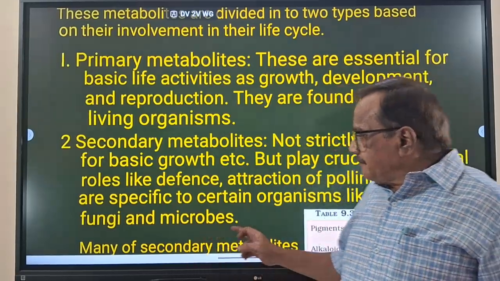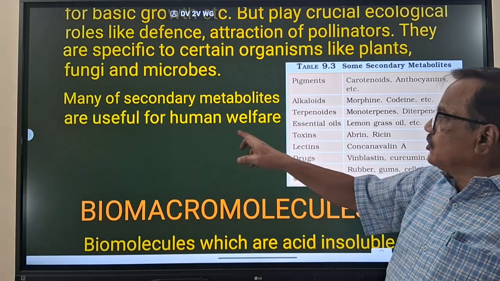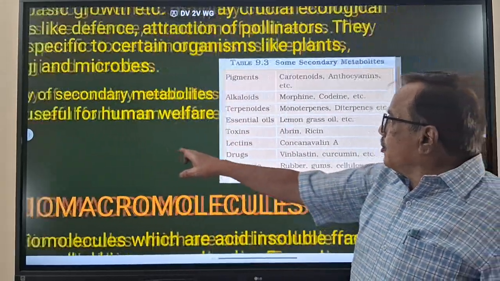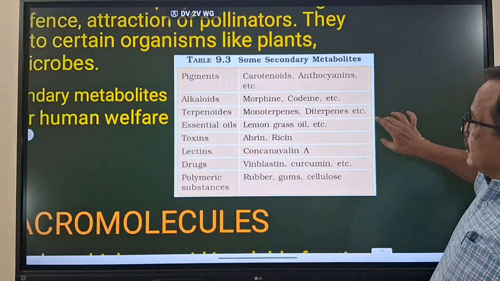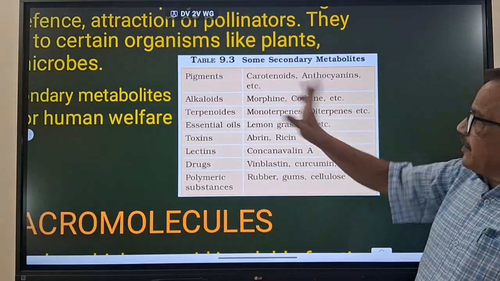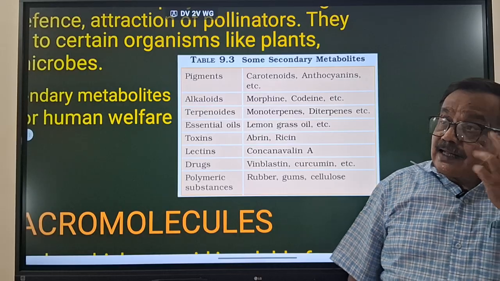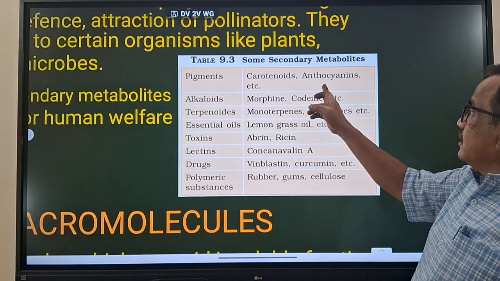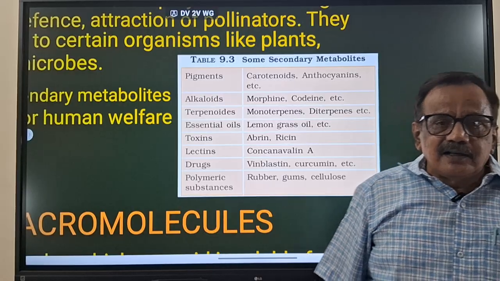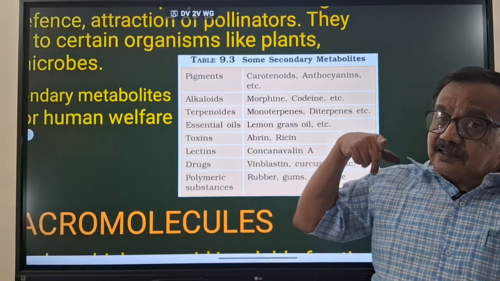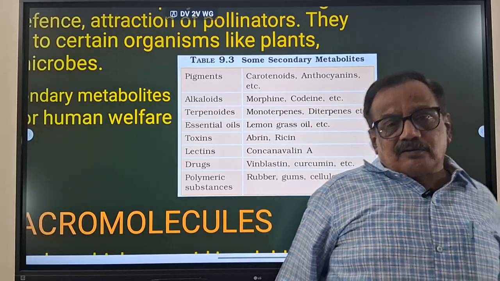Many of the secondary metabolites are useful for human welfare. Now see here, they are the pigments. Pigments means color-giving. They are carotenoids, anthocyanins, etc. Anthocyanins are water-soluble pigments which are present in the vacuoles.